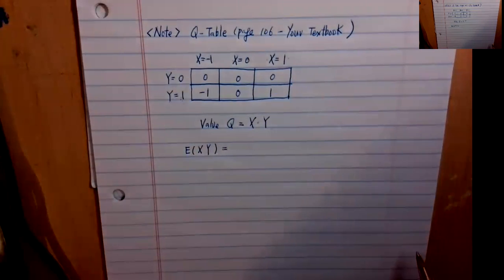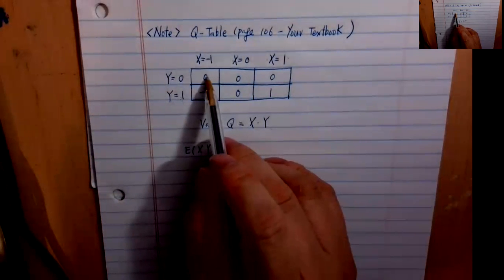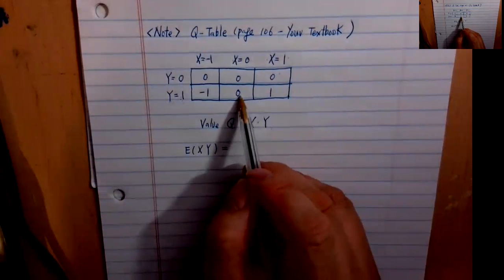The expected value of XY comes from these 4 parts. Can you see that?